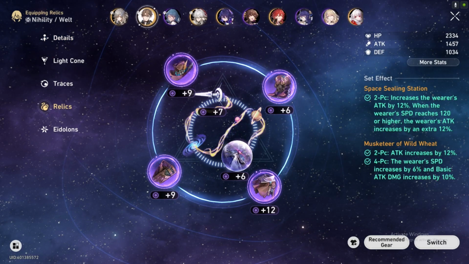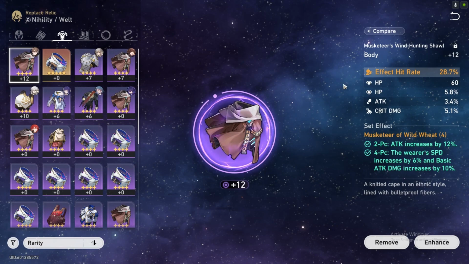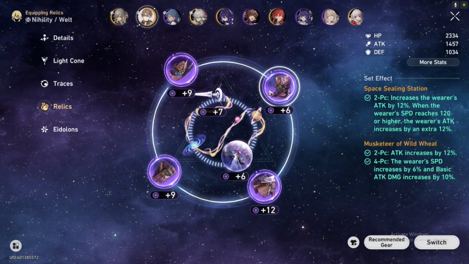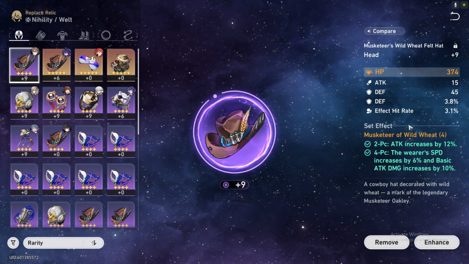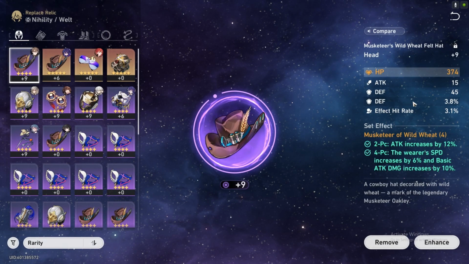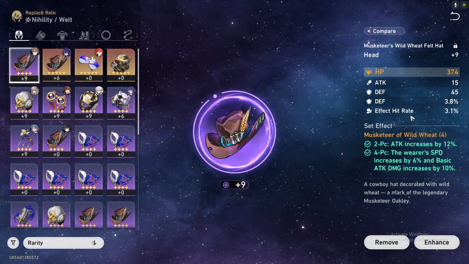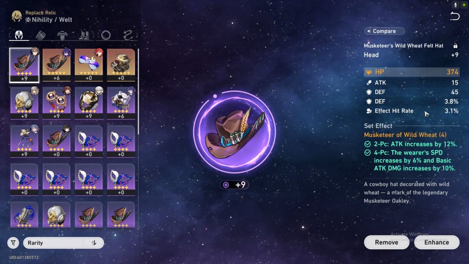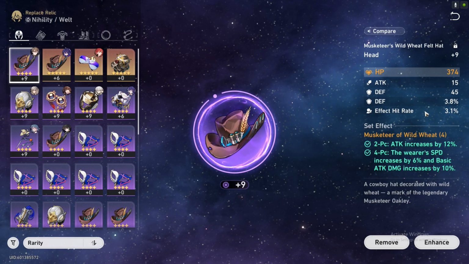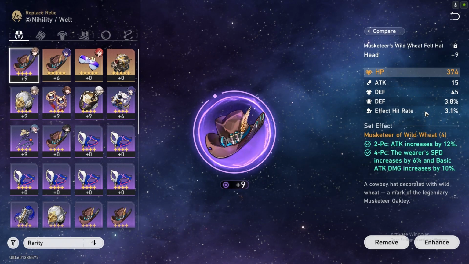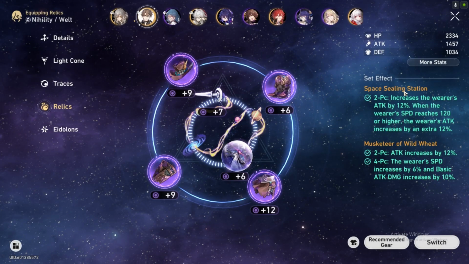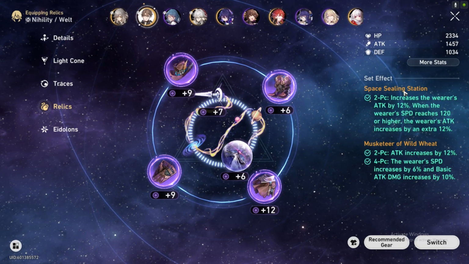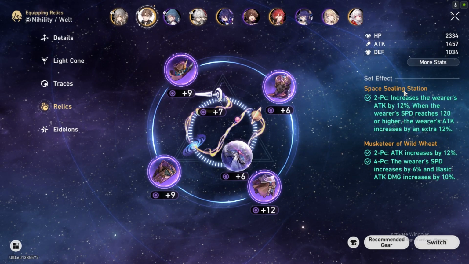But generally what you want is a chess piece that has effect hit rate as its main stat. And if you can have effect hit rate on your other pieces, it's really good. But if this number is not a lot, it's not the end of the world, because there is diminishing return from having effect hit rate. There's no need to have a lot, because you're going to be able to apply your debuffs to most monsters anyway.